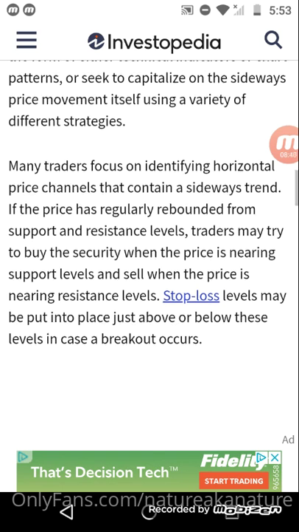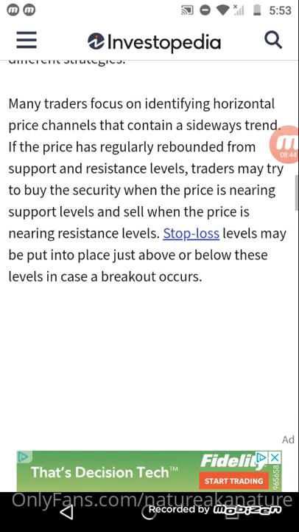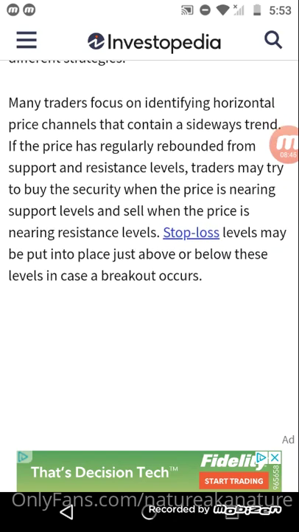Many traders focus on identifying horizontal price channels that contain sideways trends. If the price has regularly rebounded from support and resistance levels, traders may try to buy the security when the price is nearing the support level and sell when it is nearing the resistance level. Your stop loss may be placed just above or below these levels in case a breakout occurs.